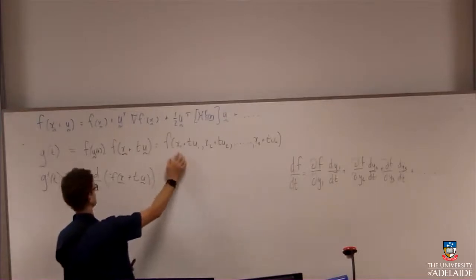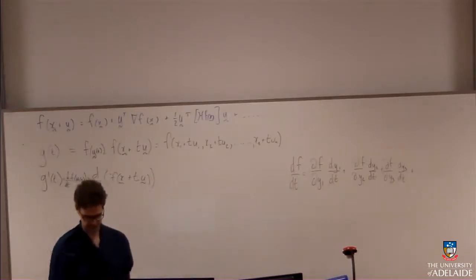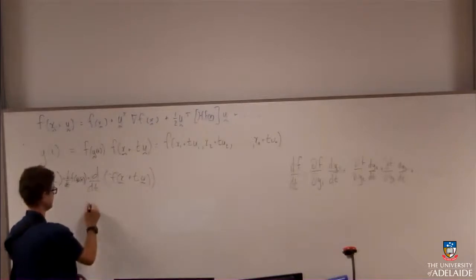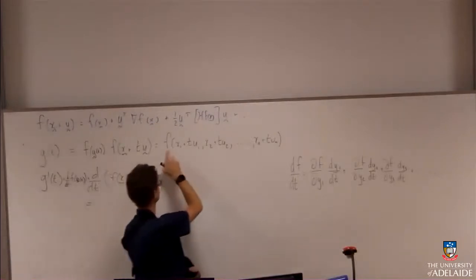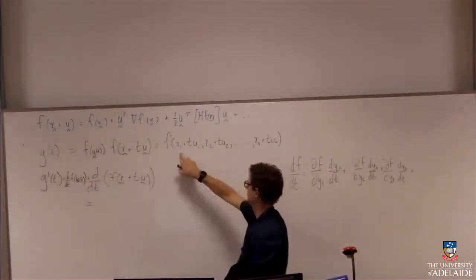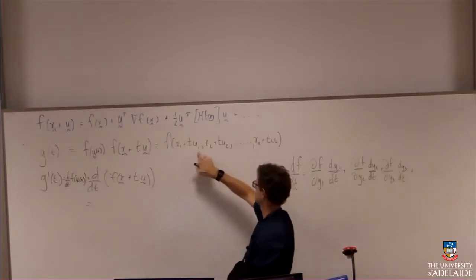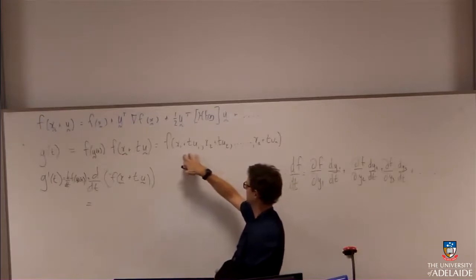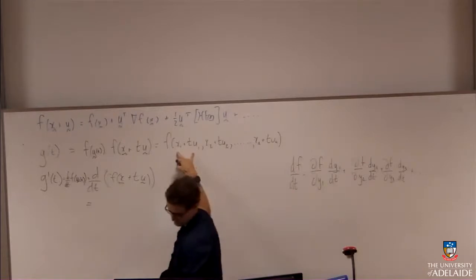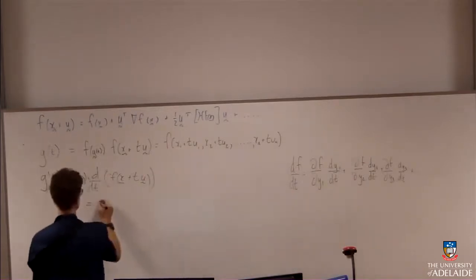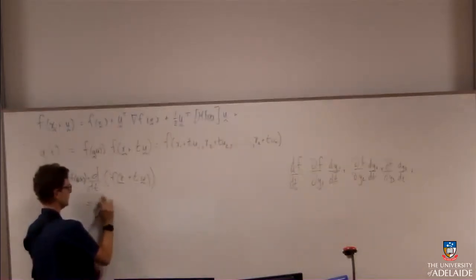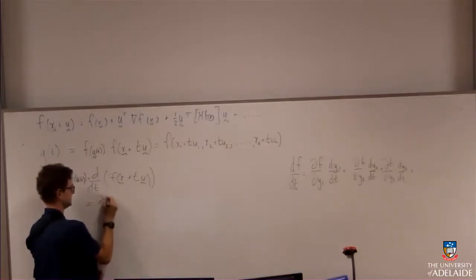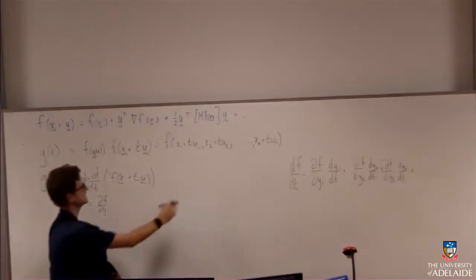So okay, let's look at this object here. Now, if I differentiate f with respect to y1, or in other words, with respect to the first component here, I get df dy1 for starters, and then dy1 dt.